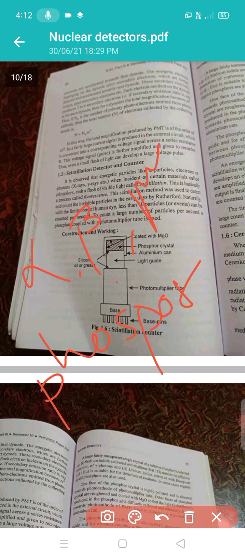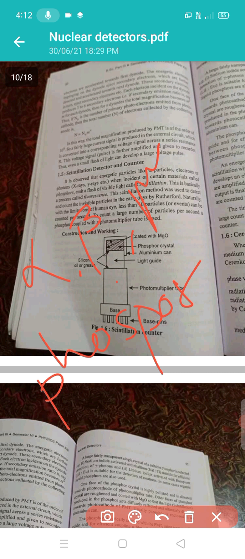When such energetic particles are incident on a phosphor, it emits a flash of visible light, or a spark of visible light, called scintillation. Scintillation means a flash of visible light or a spark of visible light.